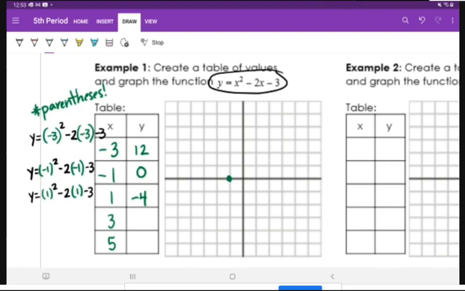All right, let's do the next one. This one's going to be y equals (3) squared minus 2 times (3) minus 3. So plug all that in. I got 0 again.